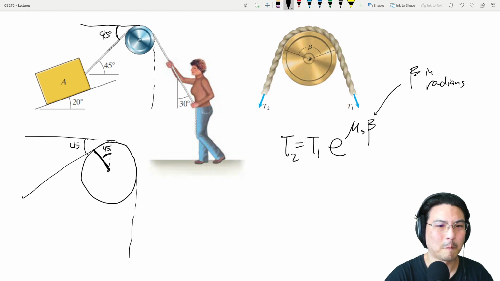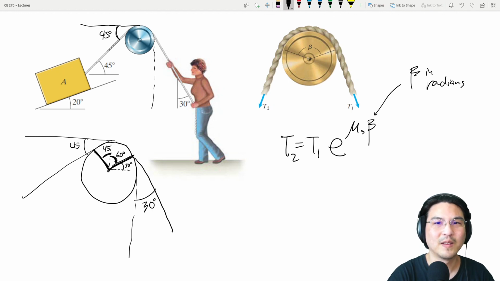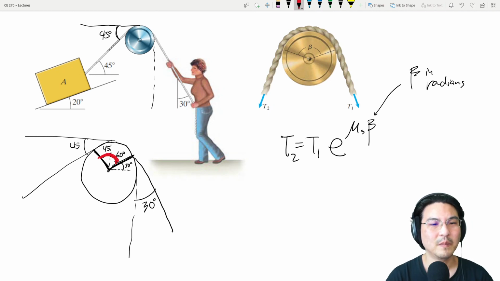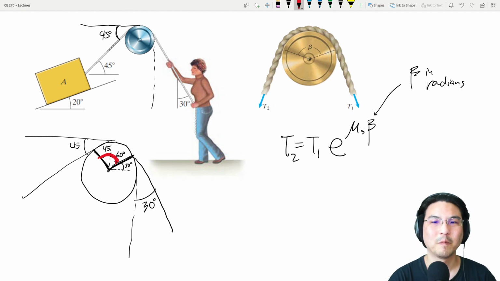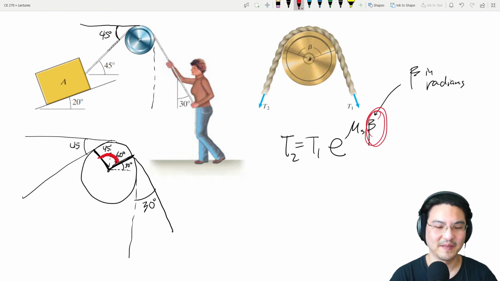Right here to here, this is 30 degrees. So then perpendicular would be which way? This right here is 30 degrees, which means here to here is the leftovers, 90 minus 30, 60. So what is the total angle beta for this example? 45 plus 60, 105 degrees, and then you convert that to radians. And that would be beta.